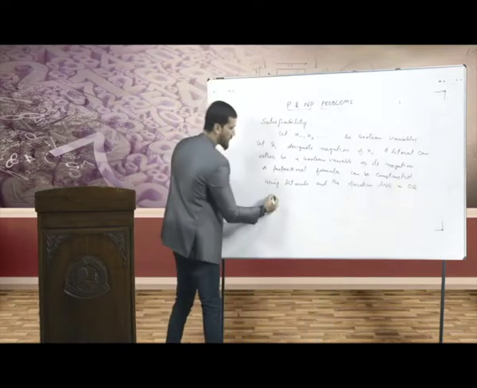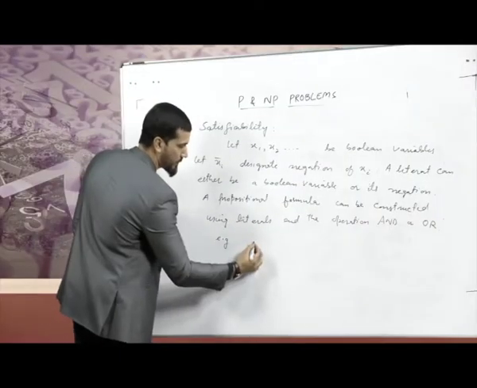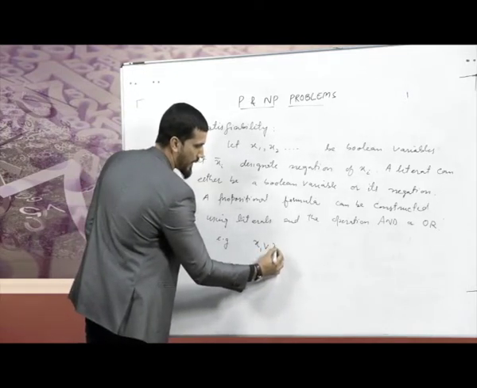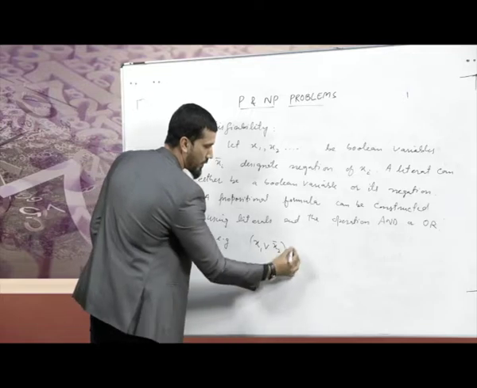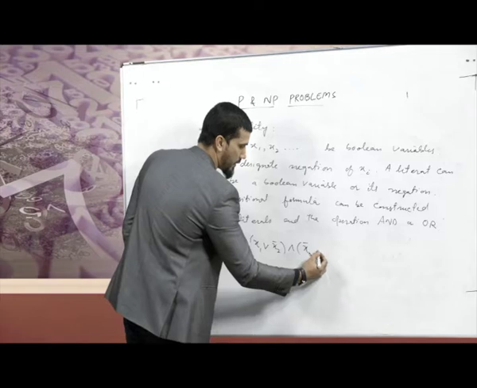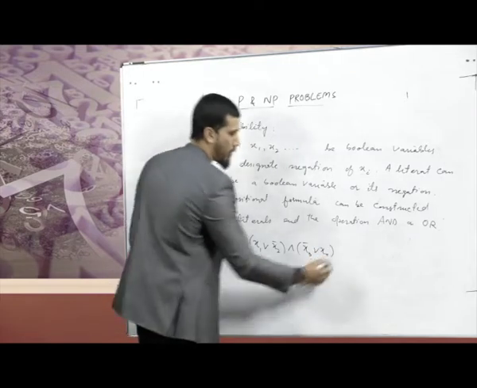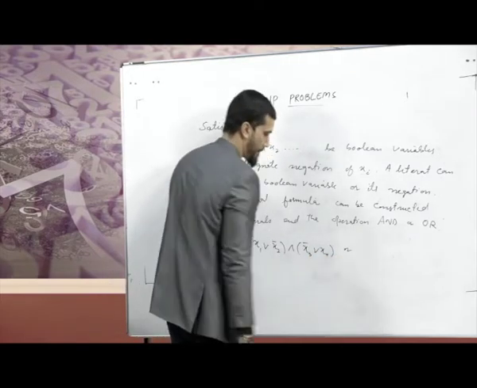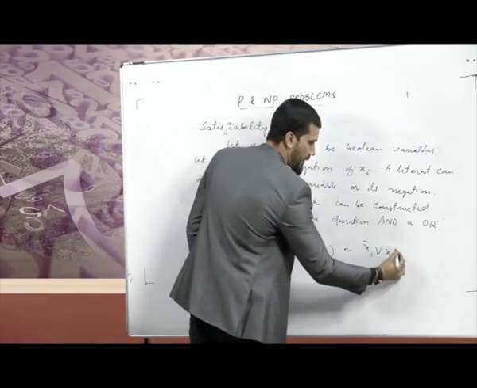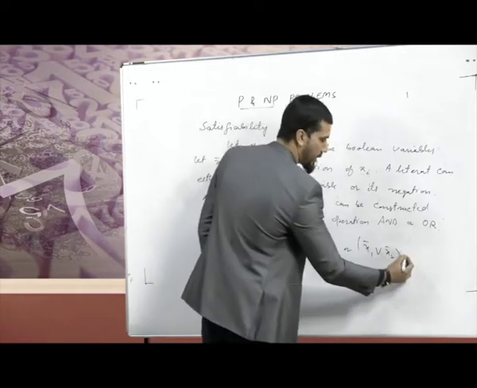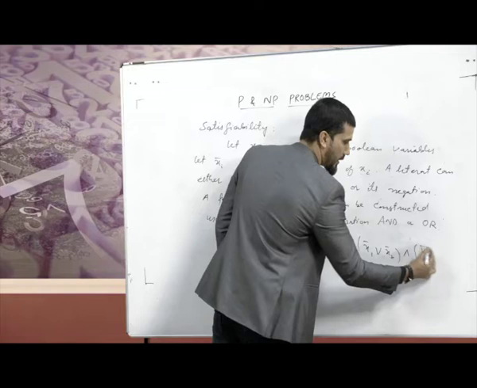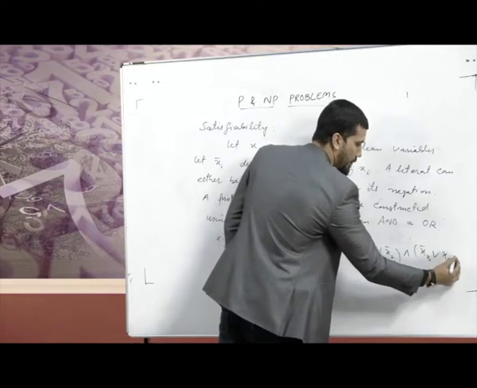For example, you can write x1, x2, x3, x4, or we can write x1 dash, x2 dash, this is negation, okay, and x3 dash x4.